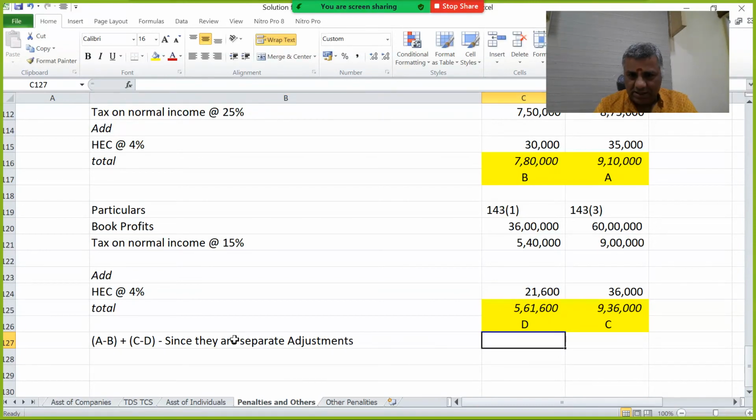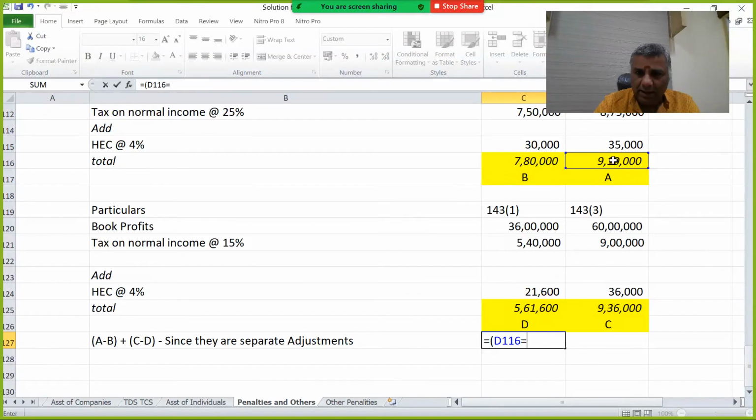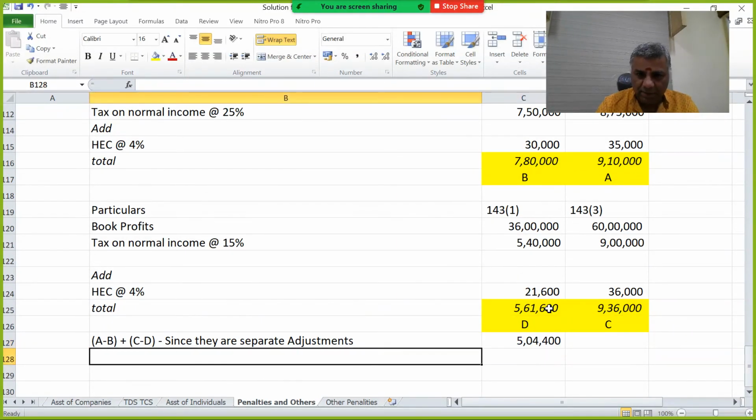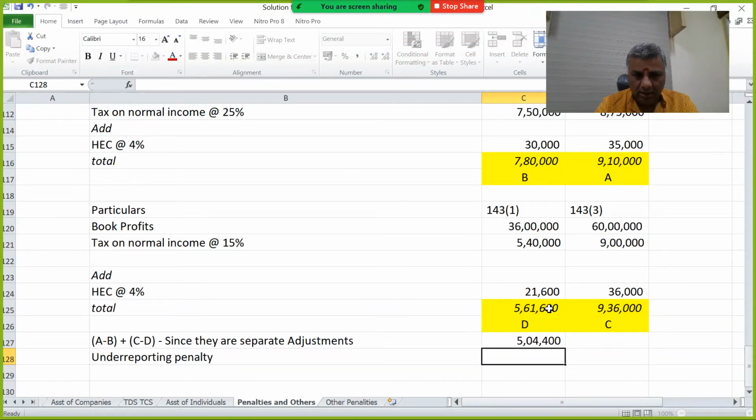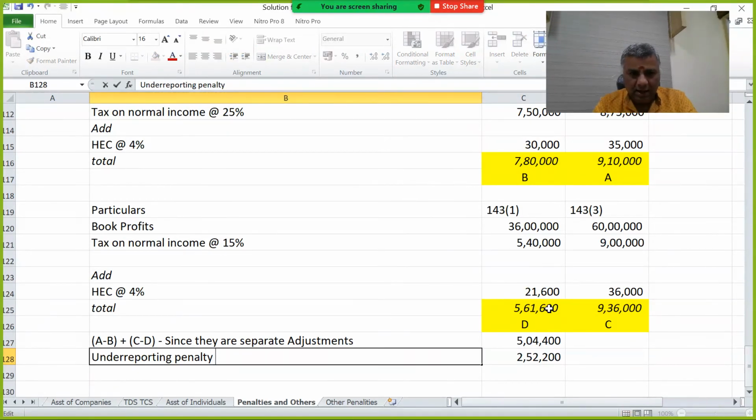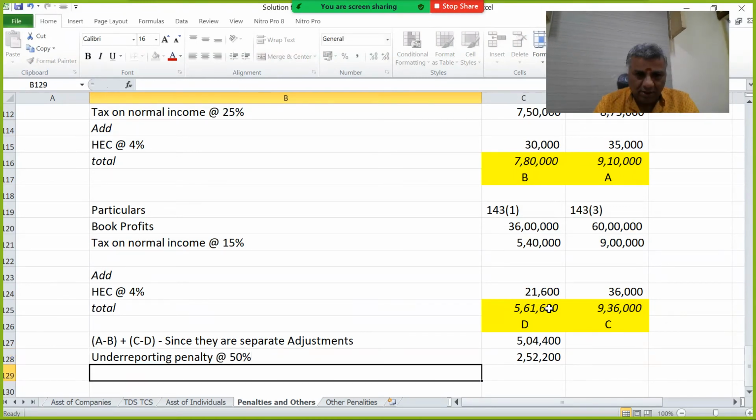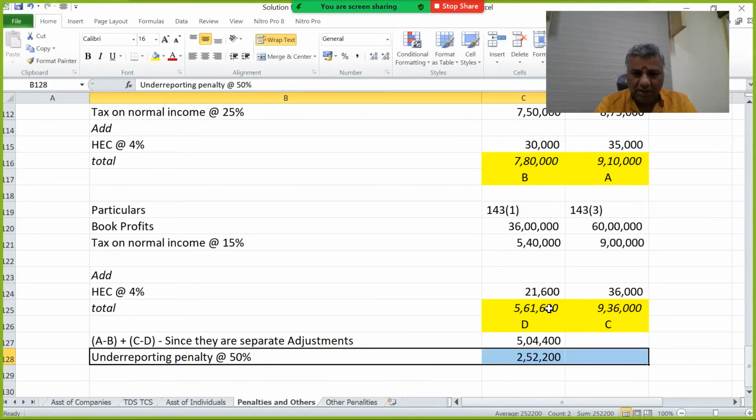So 910 minus 780 plus 936 minus 561,600. Under reporting penalty at 50% of this. This is how this has to be computed.